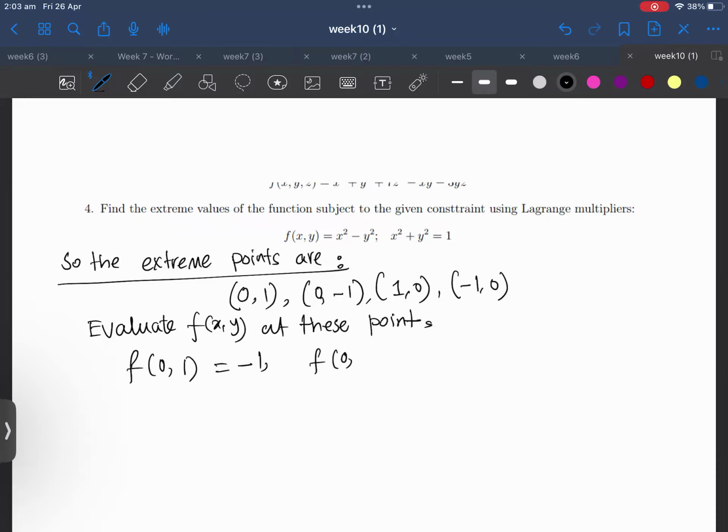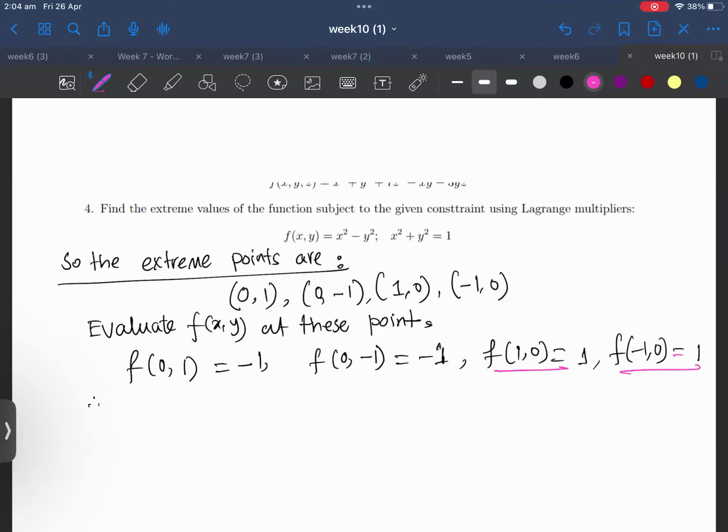F of (0, minus 1) is minus 1. And f of (1, 0) gives you 1. F of (minus 1, 0) will give you 1. So what will happen? The max value of 1 occurs at this one.